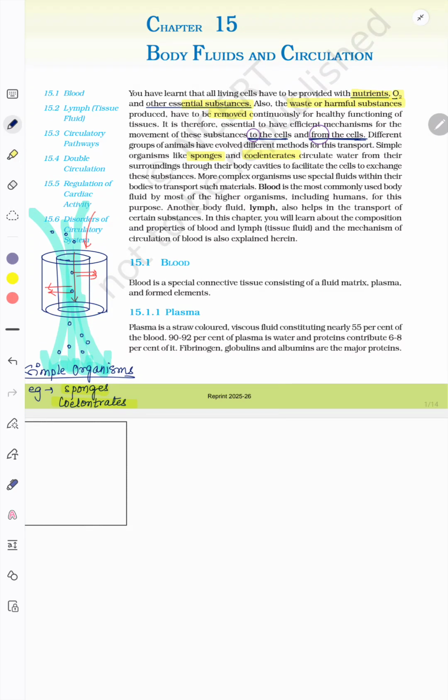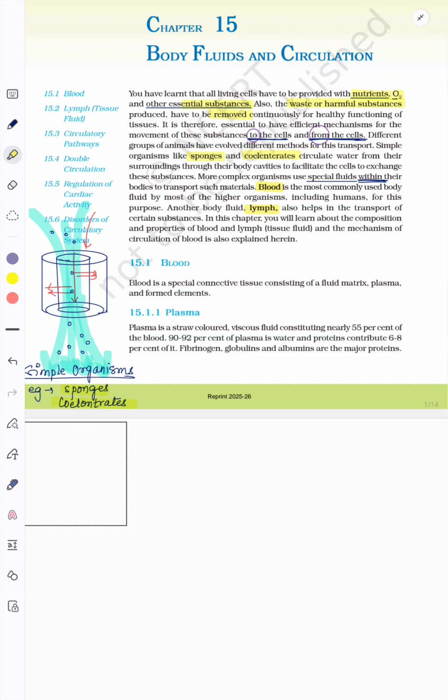Now complex organisms use special fluids within their bodies to transport such materials. So there is one very important word, blood. Blood is the most commonly used body fluid by most of the higher organisms, including humans, for this purpose. Another body fluid, lymph, also helps in the transport of certain substances. So in simple organisms like sponges and coelenterates, they use simple methods.